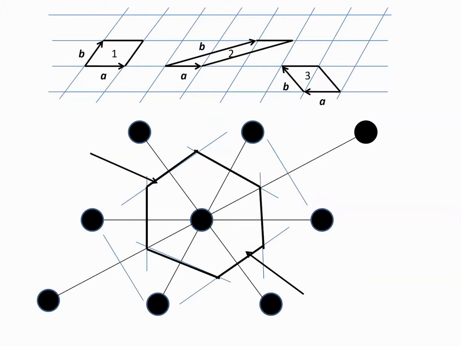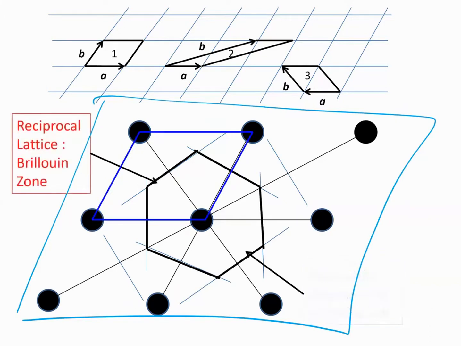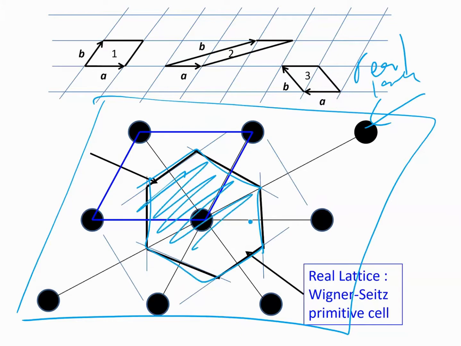So I believe you still remember this slide, right? This slide basically teaches us how to draw the Wigner-Seitz cell. Remember, if this is a real lattice, then this would be the Wigner-Seitz cell.